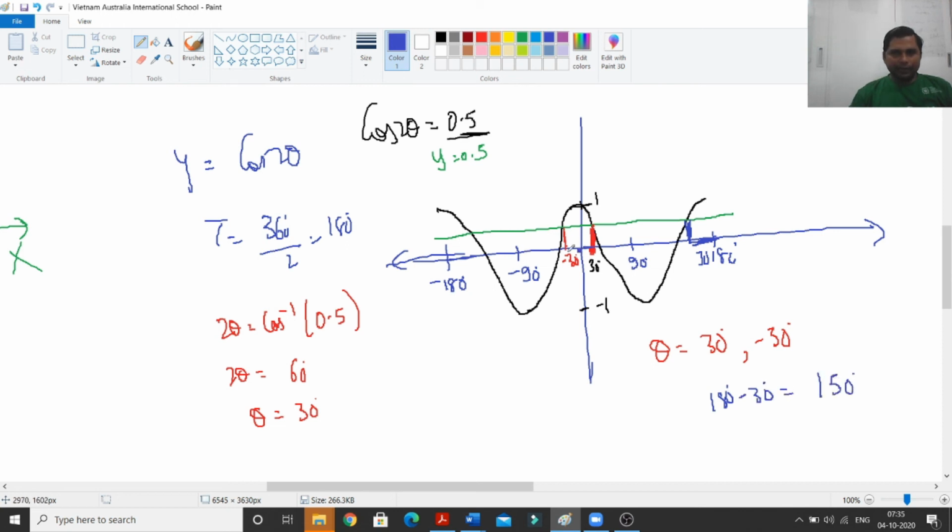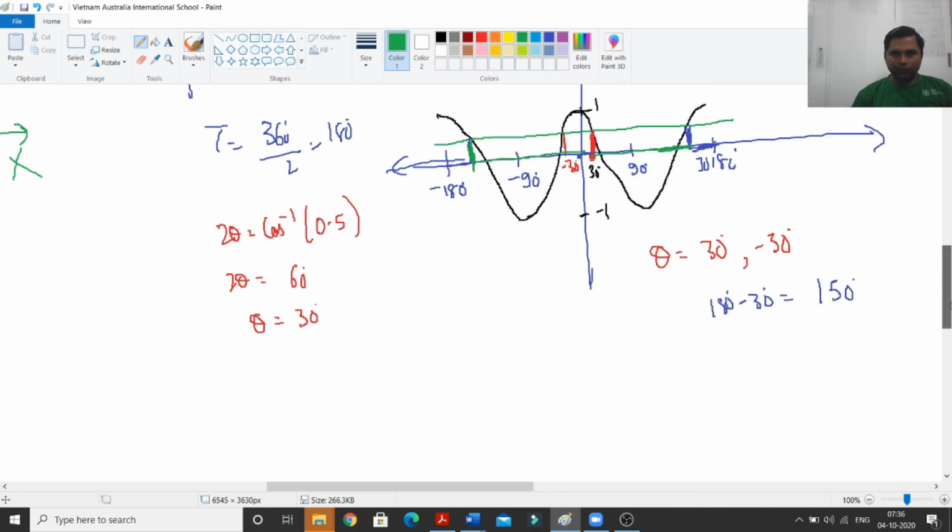And similarly this particular distance will be minus 150, because here we have found out that this value is 150, so it will be minus 180 plus 30, which is minus 150. So we got the four values: 30, minus 30, 150 and minus 150. That's the answer.